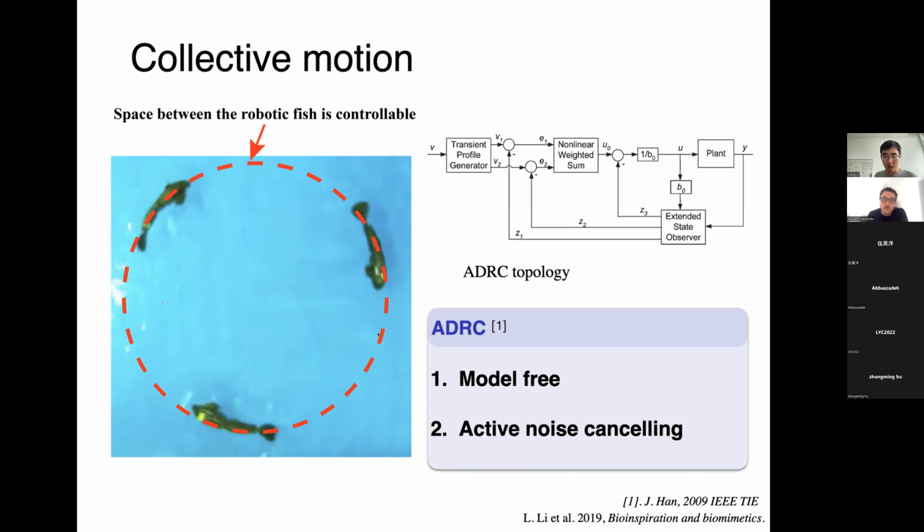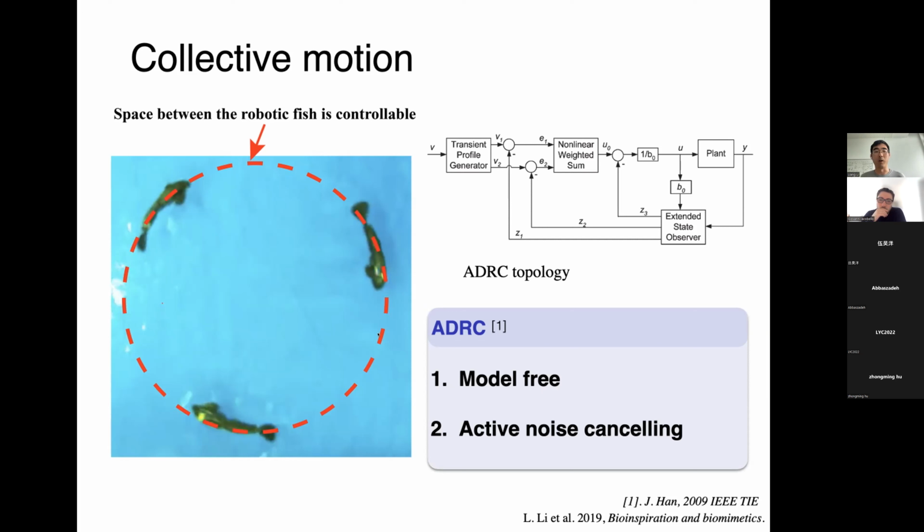And here we applied active disturbance rejection control, ADRC, for this task, which means ADRC is applied to drive a robotic fish swimming from any pose to another target pose. We choose ADRC because first, it is model-free. As you know, for a fish swimming in the flow, the turbulence is very strong and it's very hard to model.